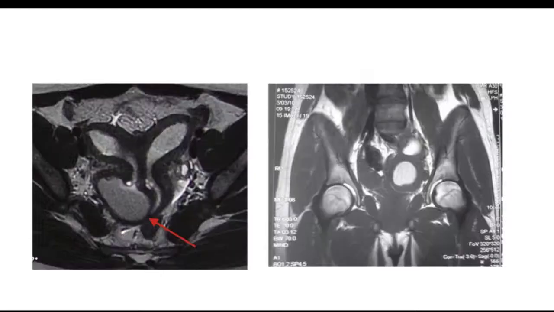And some more slides. You can see bicornuate uterus with two cervixes, and a collection of hematosalpinx. Hematocolpus. Sorry, this is hematocolpus on the right side.